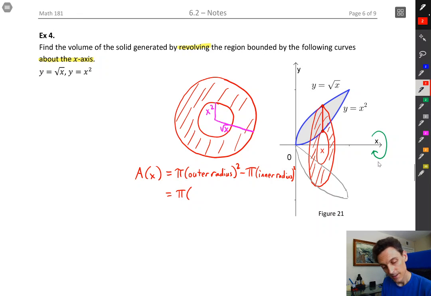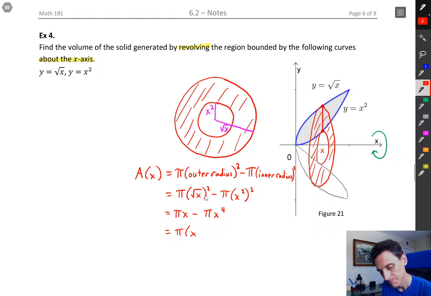Again, the outer radius from our picture is the square root of x. Inner radius is going to be x squared. And we can simplify this to get pi x minus pi x to the 4th. And just for fun, we'll factor out a pi. Maybe not factor out the x, because in a moment we're going to be integrating these areas.